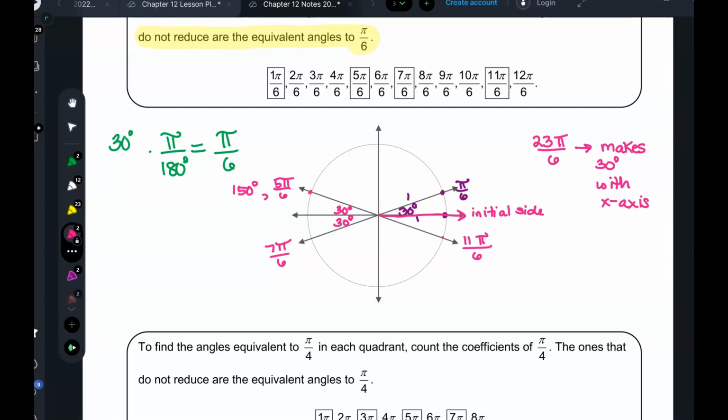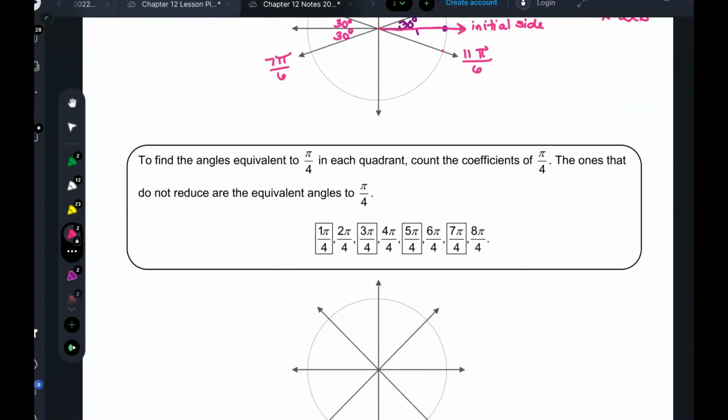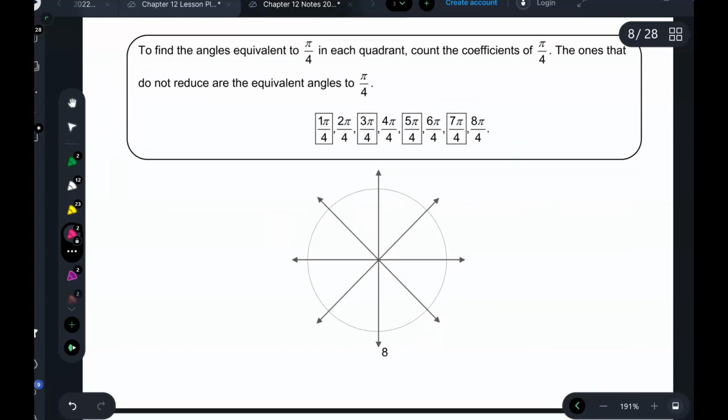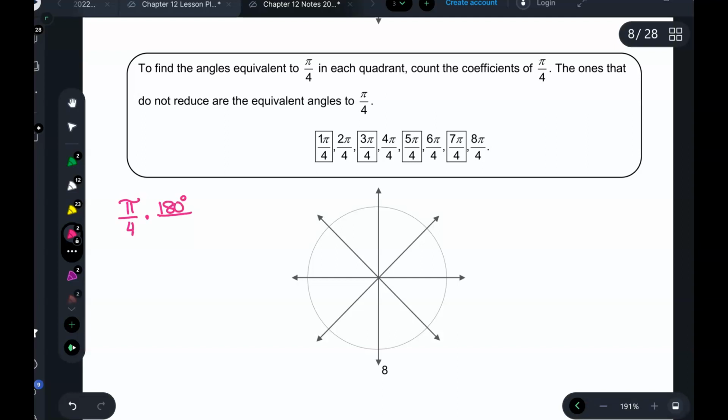All right, next. Let's do pi over 4. So 1 pi over 4, if I want to translate that into degrees, is 45.